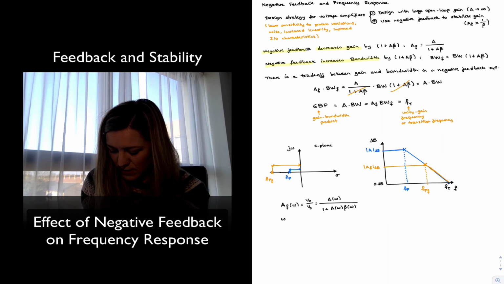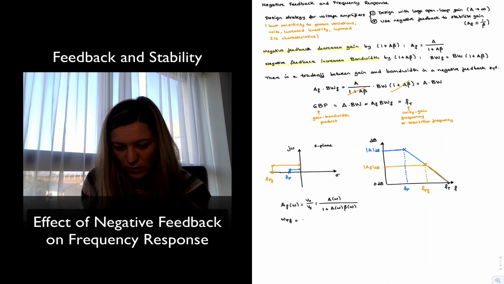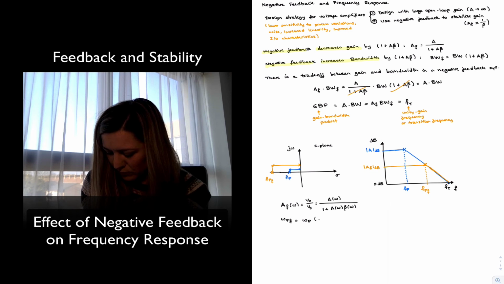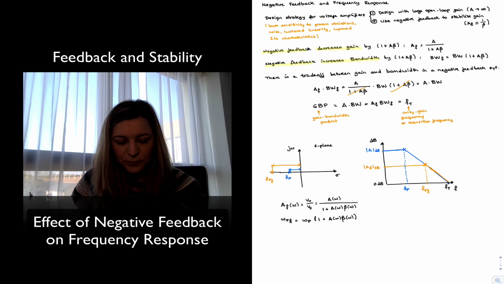What we have done in this case, the location of the pole with feedback is going to be equal to the location of the pole without feedback, the open loop location of the pole, times 1 plus A times beta. So in essence, that's what we have done.